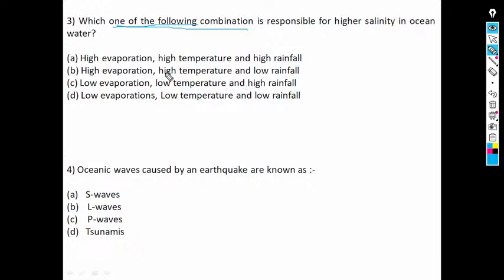The options: high evaporation, high temperature, high rainfall. High evaporation, high temperature, low rainfall. Low evaporation, low temperature, high rainfall. Then low evaporation, low temperature, low rainfall.